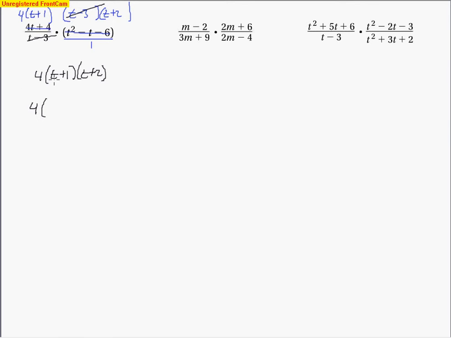I'll just multiply the two binomials using the FOIL method. t squared plus 3t plus 2. The outside terms are 2t, this is 1t, that's where I'm getting the 3t when I combine those. So I'm multiplying out 4t squared plus 12t plus 8. That is our answer.